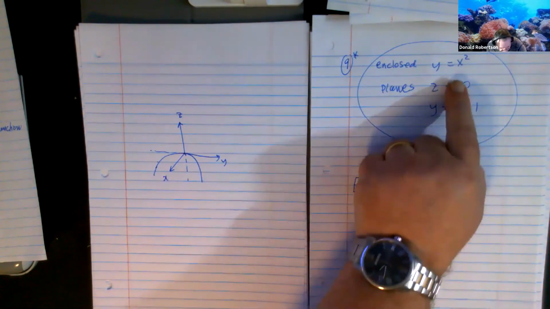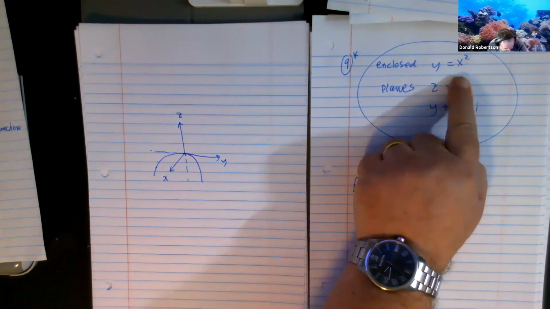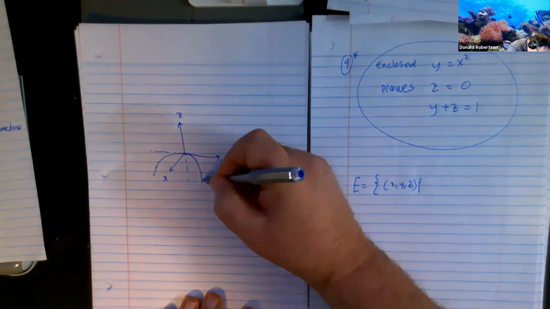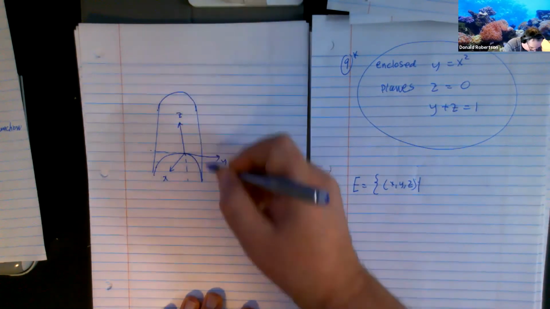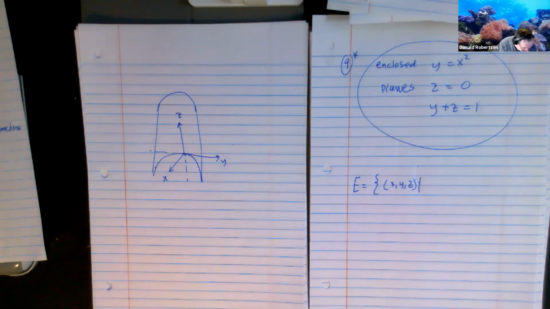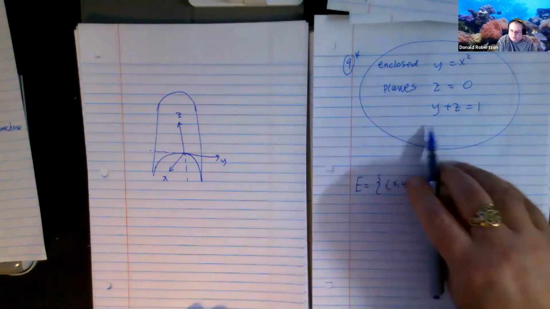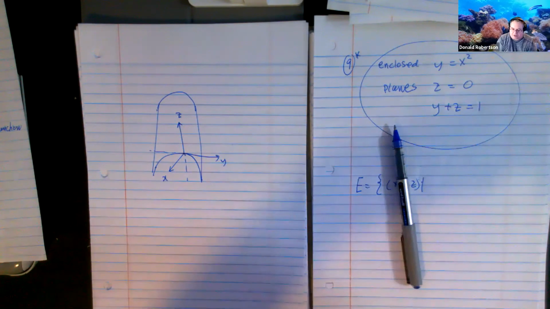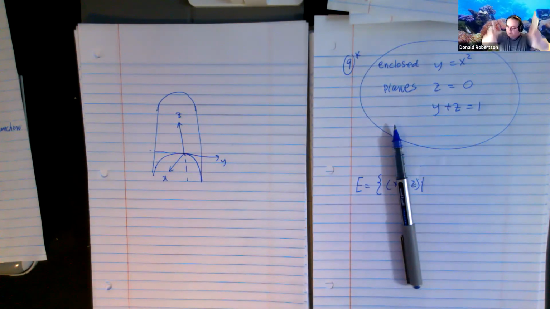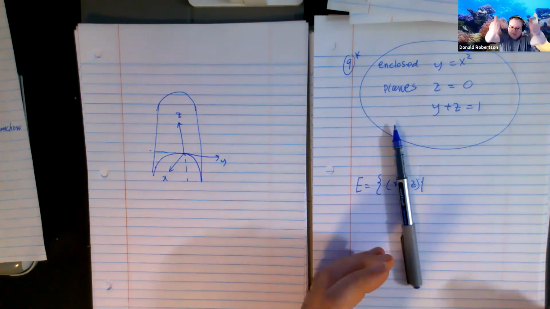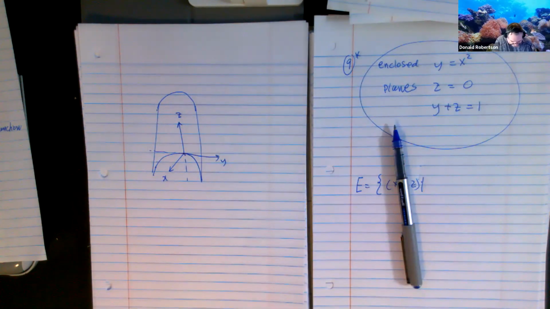So when you do an equation that looks like this in 3D, what you basically get, oh God, I'm a hopeless drawer. Can you imagine this shape coming up? It's like a curved piece of paper going upwards, right? Like y equals x squared going on the floor, but going upwards, it looks like that.